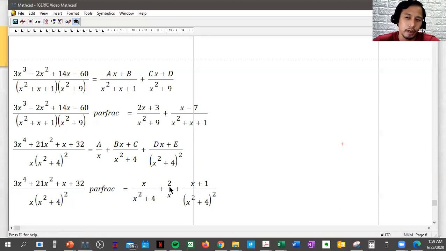Ibig sabihin nito, you would get a equal to 2, and also b equal to 1 and c equal to 0, and d equal to 1 and e as well equal to 1. So that's what you would get. A is equal to 2, b is equal to 1, that comes from dito, c is 0, d and e are both 1.